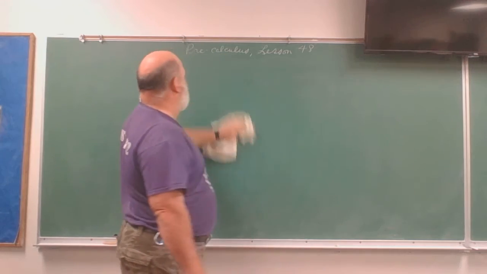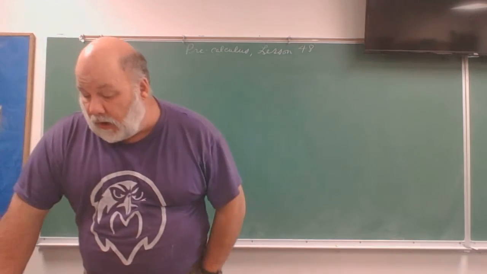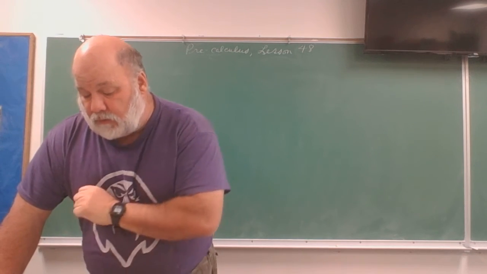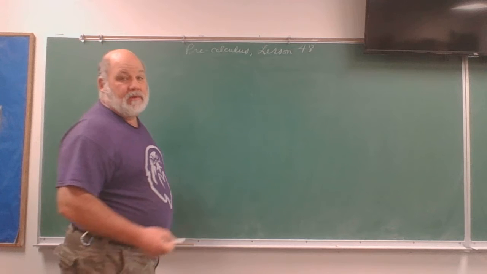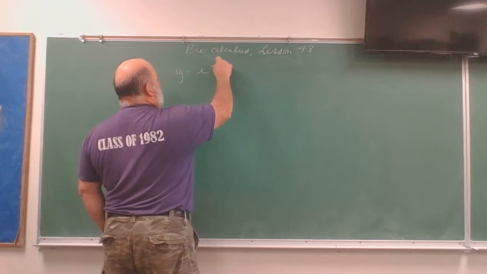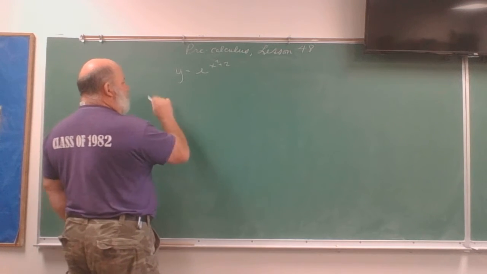So let's look at these very first examples. They do y equals e to the x squared plus 2. E to the x squared plus 2, and they say, okay, u substitution. And they make a little box.